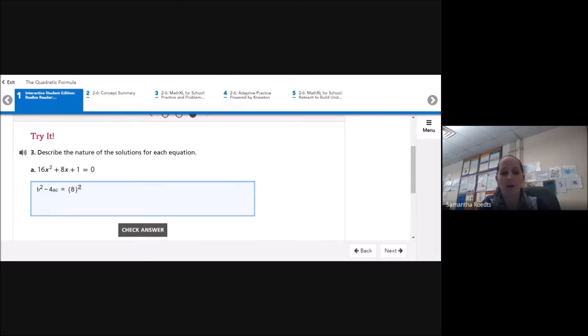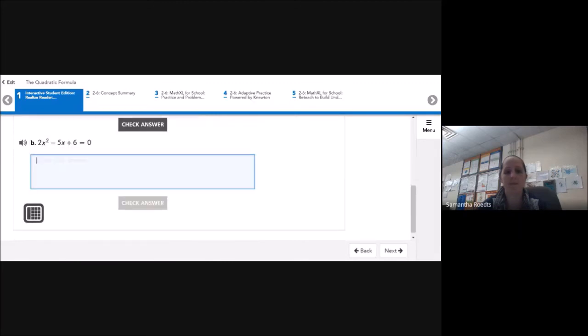So 8 squared minus 4 times 16 times 1 equals 64 minus 4 times 16, which is 64. So minus 64 equals 0. This means it has one real root. One real solution.